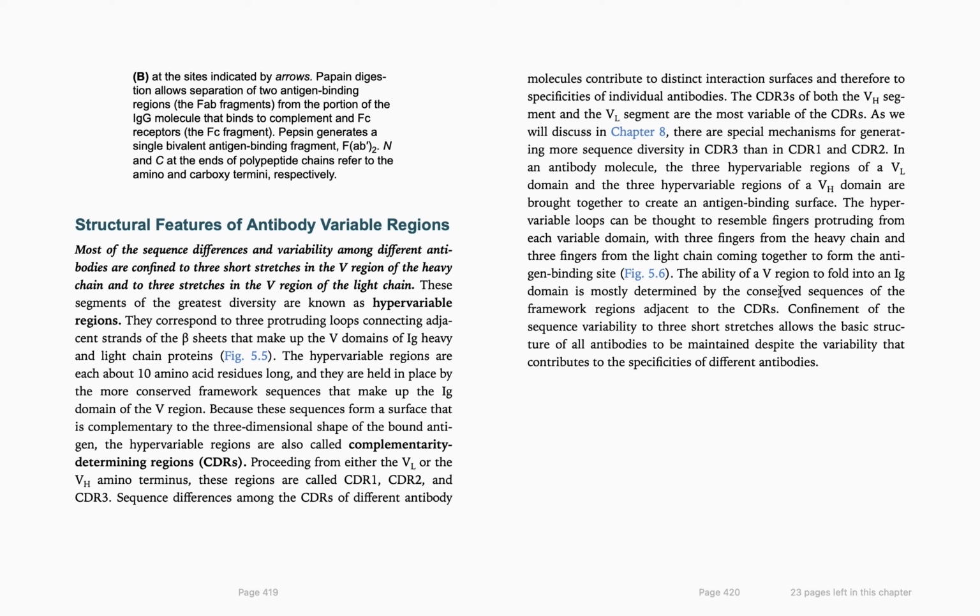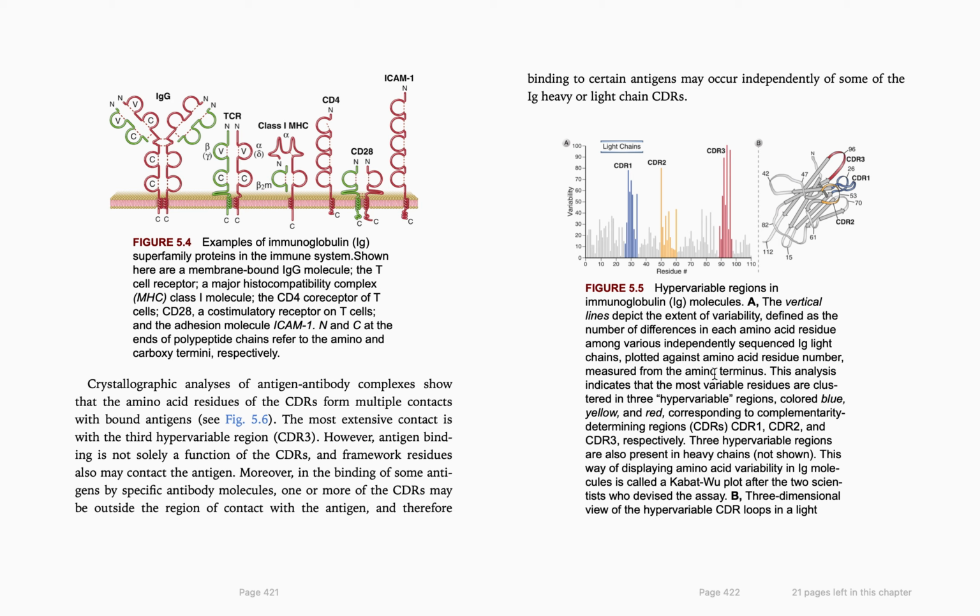The ability of variable regions to fold into an Ig domain is mostly determined by a conserved sequence of framework regions adjacent to the complementarity determining regions. Confinement of the sequence variability to 3 short stretches allows the basic structure of all antibodies to be maintained despite the variability that contributes to the specificity of different antibodies.